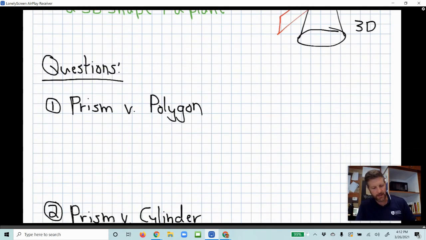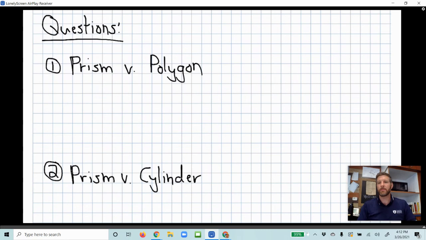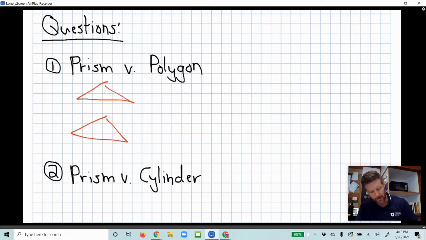So now let's go ahead and take a look at just 3 questions, 3 basic distinctions I wanted to emphasize. What's the difference between a prism and a polygon? Well, a prism has some sort of congruent bases that are then connected. And of course, it is 3-dimensional.